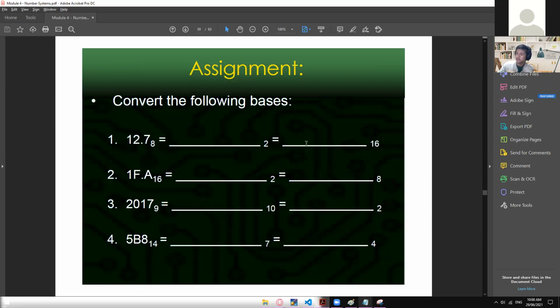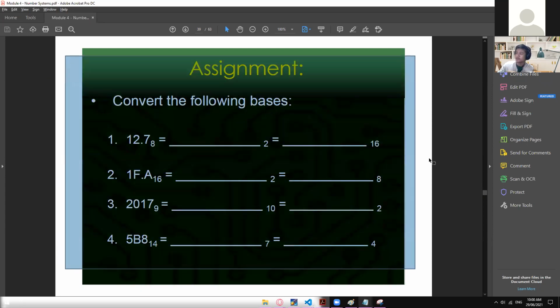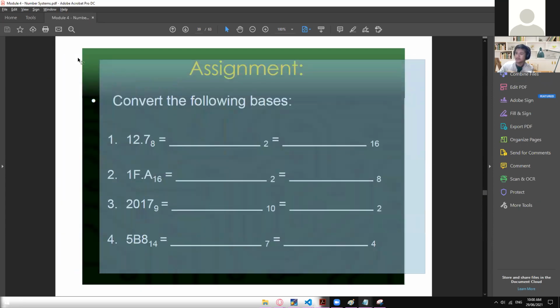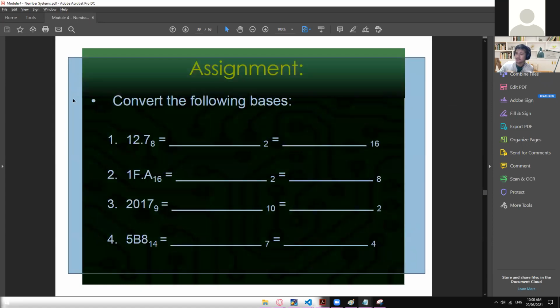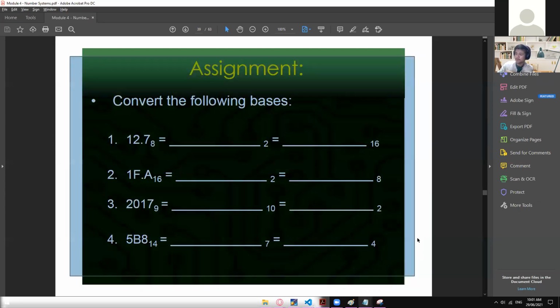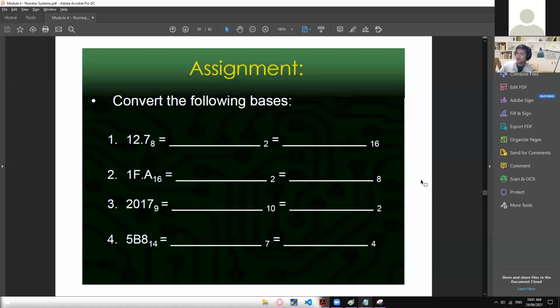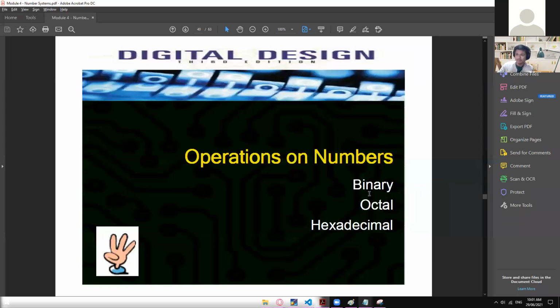Supposedly this will be your assignment, but since we are in ODL, you don't need to do this anymore. If you want some practice exercises, you can include this one. You can send your solution on My Canvas for me to check whether your answers are correct.